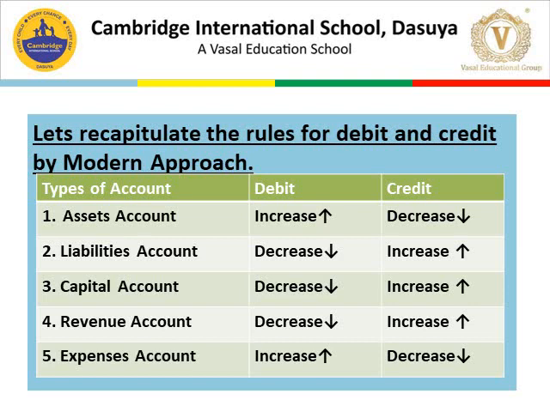Liabilities and capital follow the same rule. If capital increases, then we will credit it. If it decreases, then debit. Revenue is our income. When income increases, it is credited. When it decreases, debited. Expenses is vice versa. If expenses increase, it will be debited. When it decreases, it will be credited.